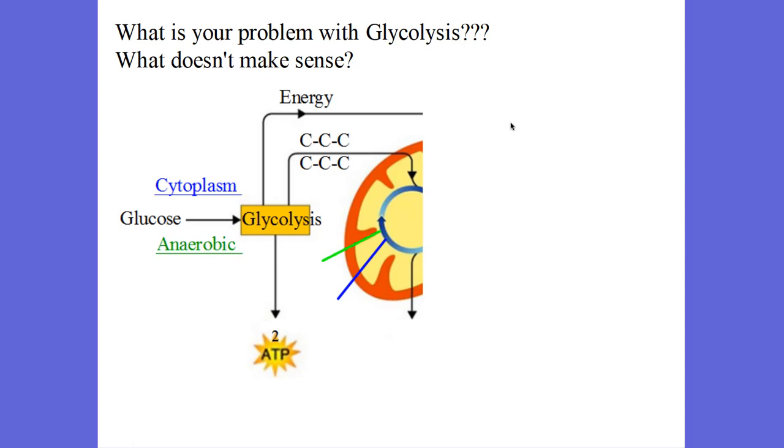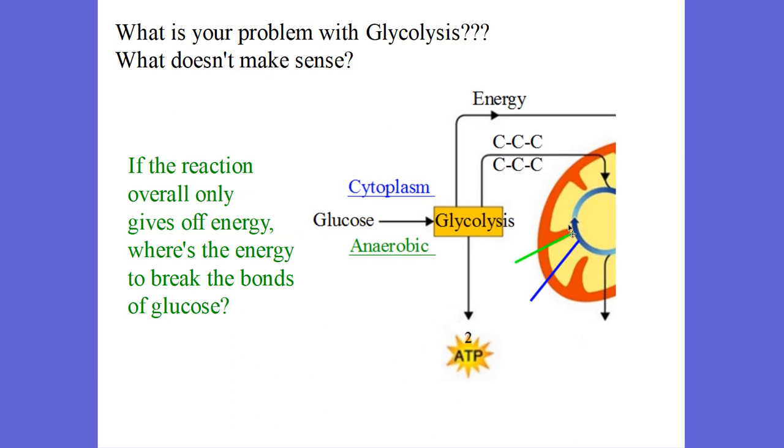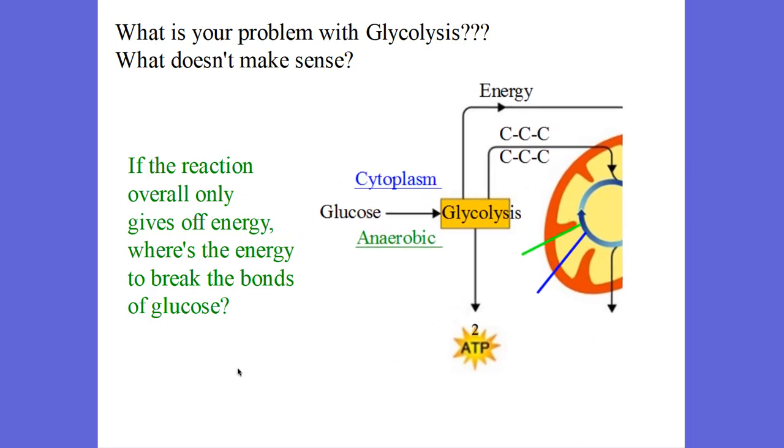And if you're breaking a bond, you need energy. But what's happening here is we are producing energy. We're producing 2 molecules of ATP. So if the reaction overall only gives off energy, where's the energy to break the bonds of glucose?